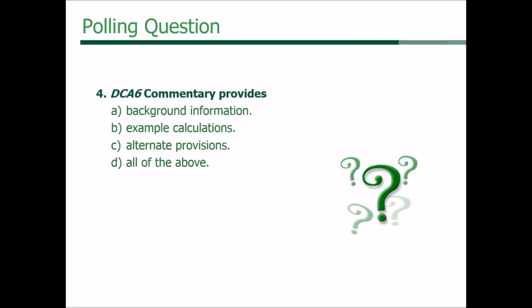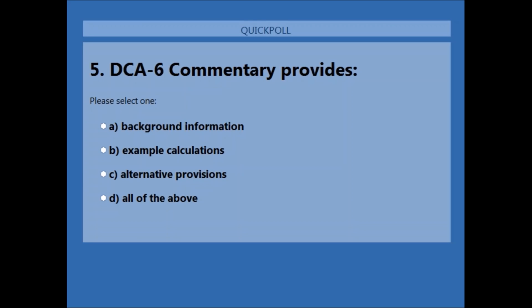Okay, so we're at the last poll question. Yes, we are. Here we go. DCA6 commentary provides background information, example calculations, alternative provisions, or all of the above. All right, we've got about 70% have voted. And just a few more seconds.